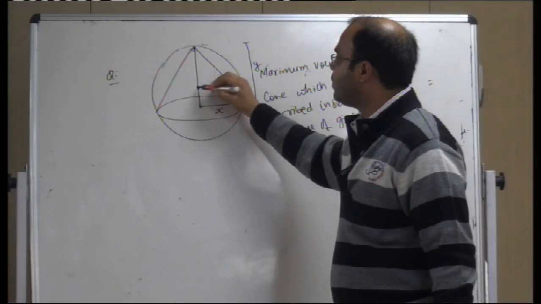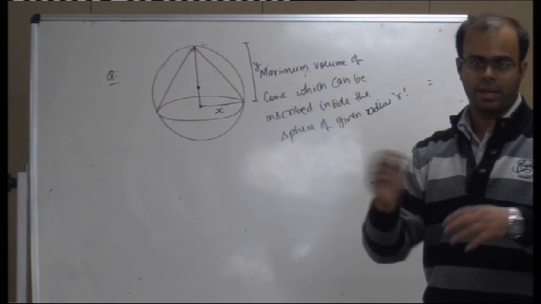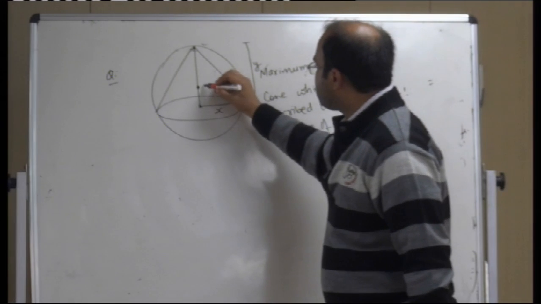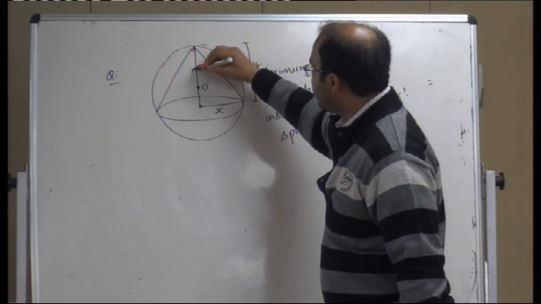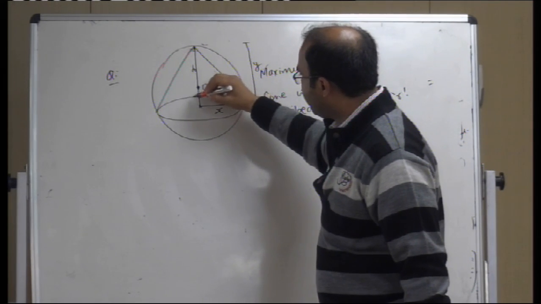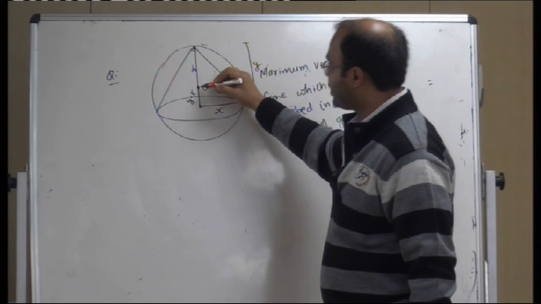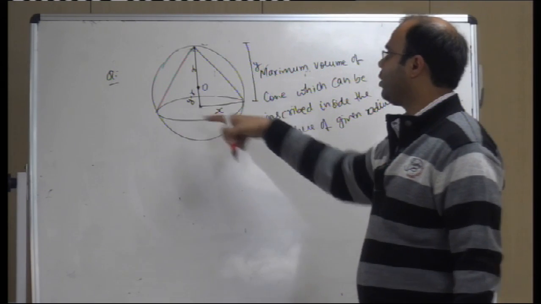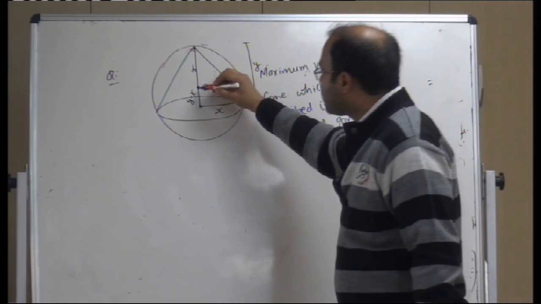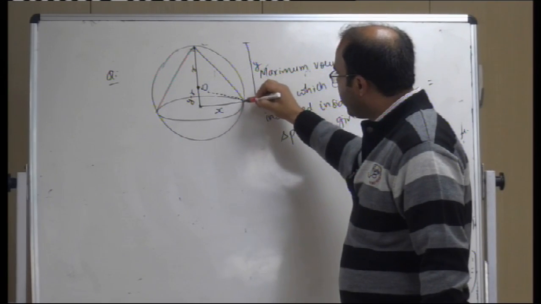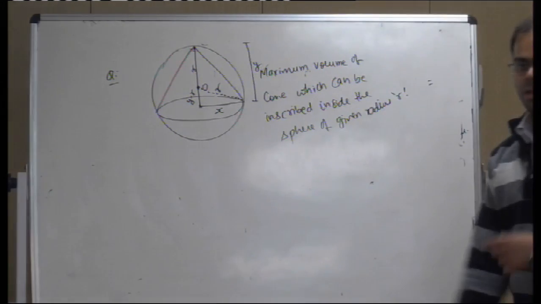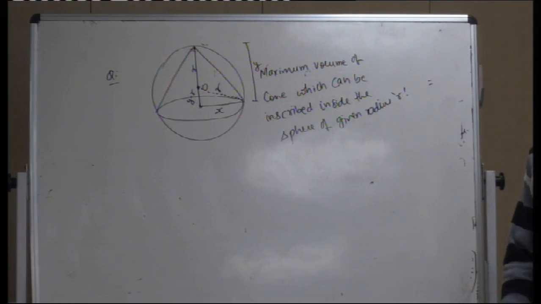From symmetry, the center would be somewhere here, and we can take it as O, and this part is radius r, and this part would become y minus r, the distance between the center of the sphere and the center of the base of the cone, and this part is again r. I hope this geometrical explanation is okay with everyone.